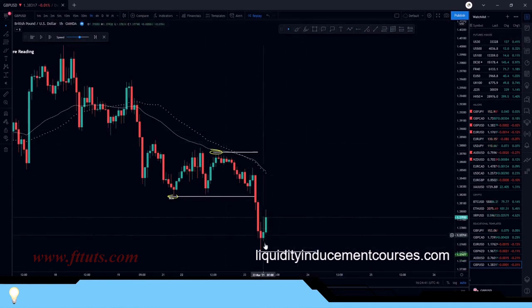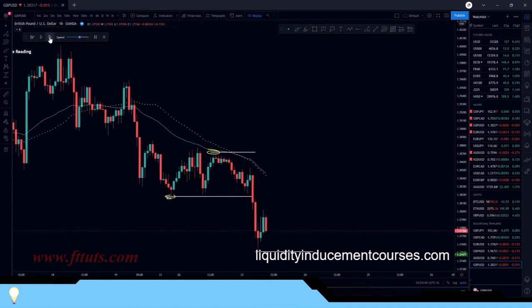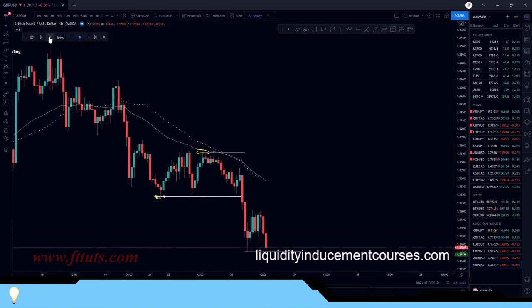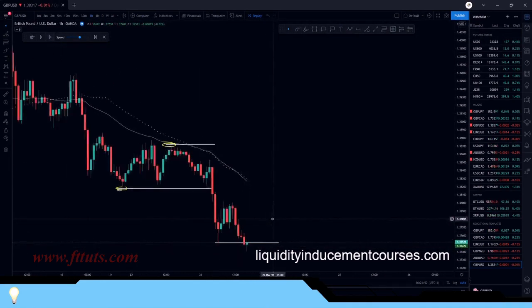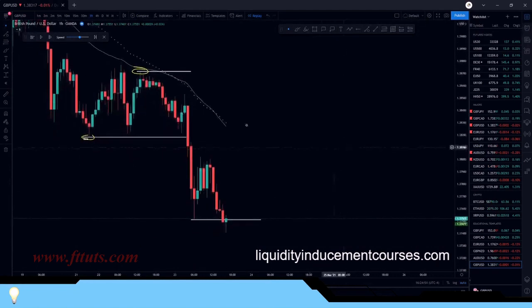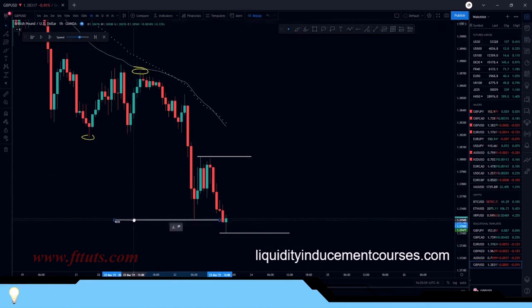So from wick to wick, now we know that this is a retracement, and then we have another break of structure here. So this tells us that our new high is over here. Our low would be at the low of this candle, and then our most recent break of structure happened over here. So this is your low, and this is your highs.